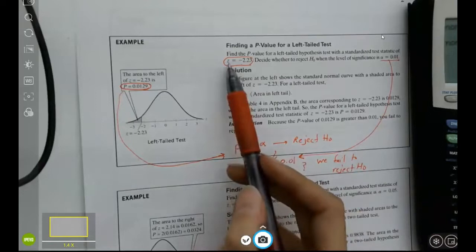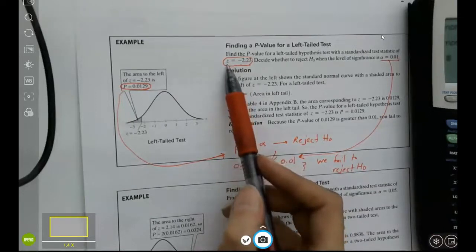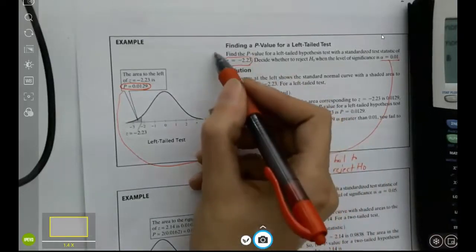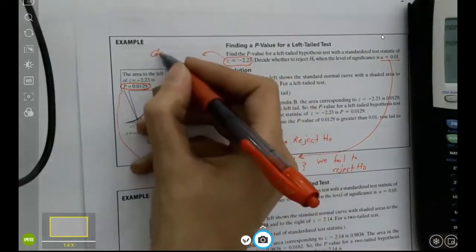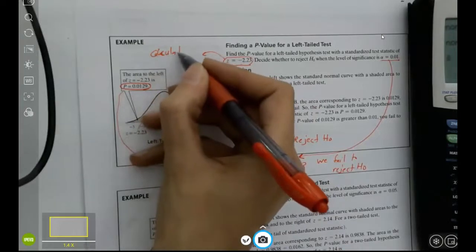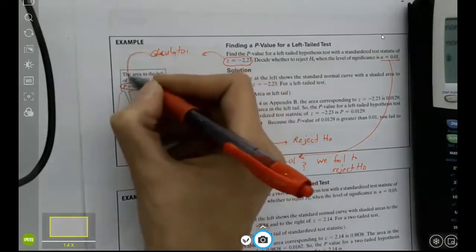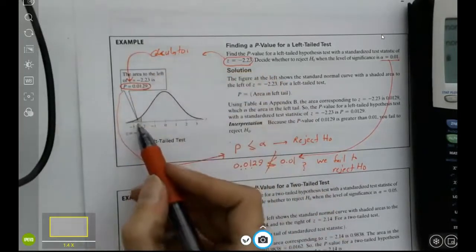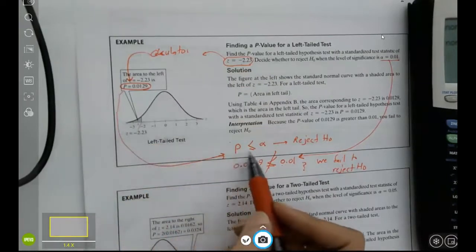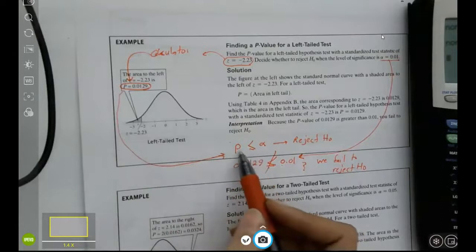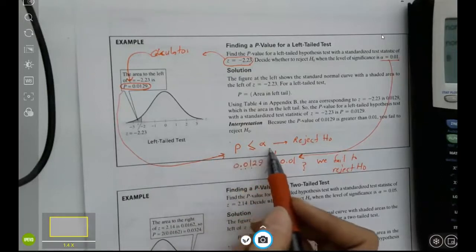One more time. We have our z. We use our calculator to find p, which is the area to the left. Now that you have your p, you check to see if p is less than or equal to alpha or not.